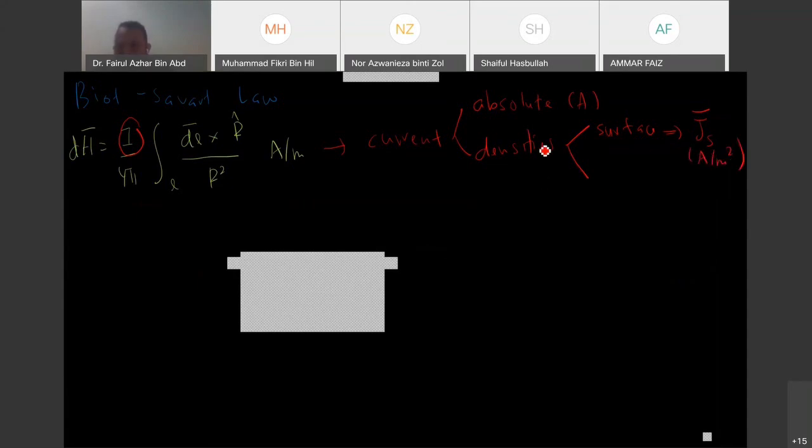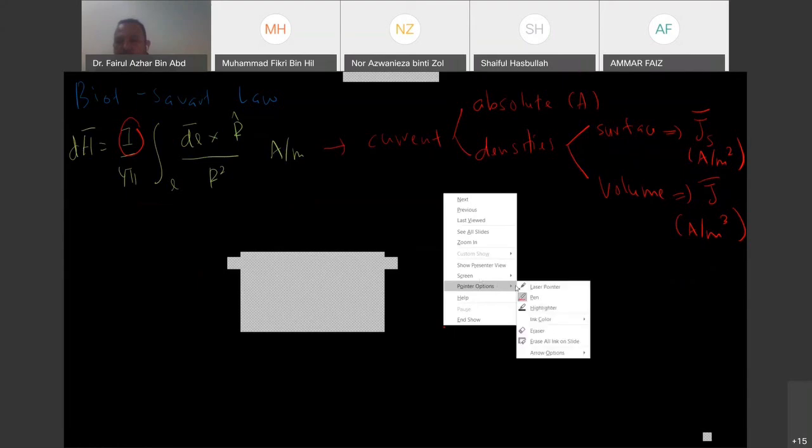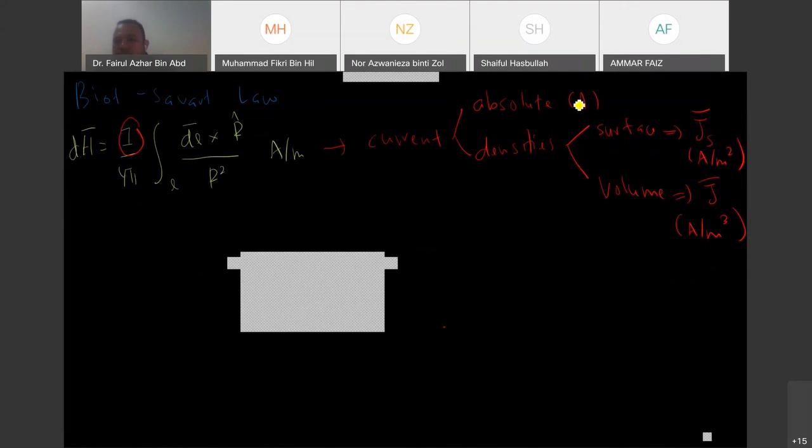The current can also be represented in terms of volume density, normally represented by the symbol vector J, and the unit is ampere per meter cubed. In a current, we don't have any line density, because our absolute value for the charge already represents the line density.